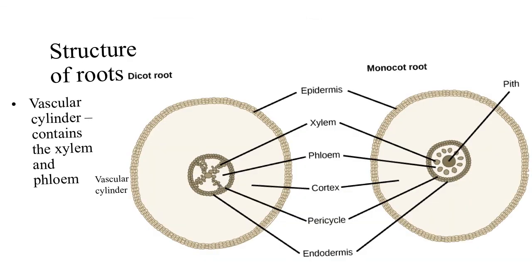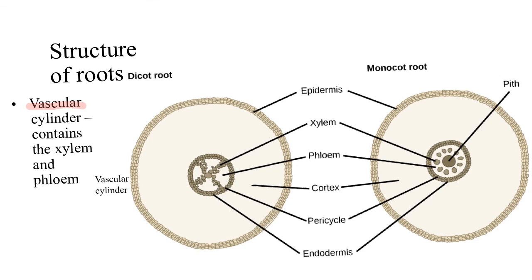So just like the stems, roots will also have vascular tissue. And remember that vascular tissue comes in the form of xylem and phloem. Now, one of the learning goals for this lesson is knowing differences between dicots and monocots. And in this case, one of the differences is the way that those vascular bundles are arranged.